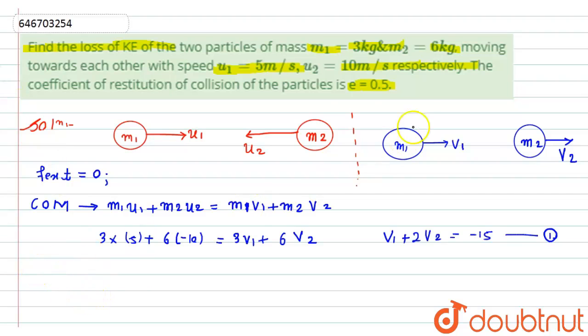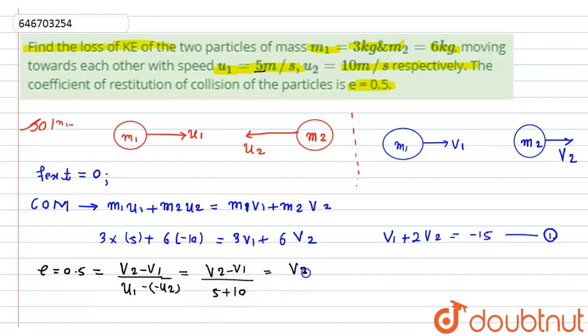Now similarly, the coefficient of restitution is given as e equals 0.5, and it is defined as the velocity of separation divided by the velocity of approach. So e equals v2 minus v1 divided by u1 plus u2. u1 is 5 plus u2 is 10, so it equals v2 minus v1 divided by 15.